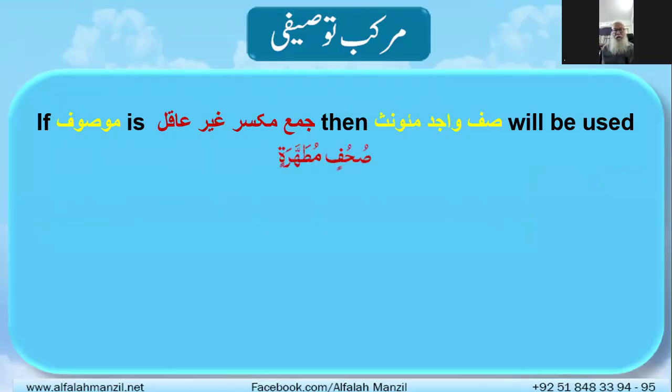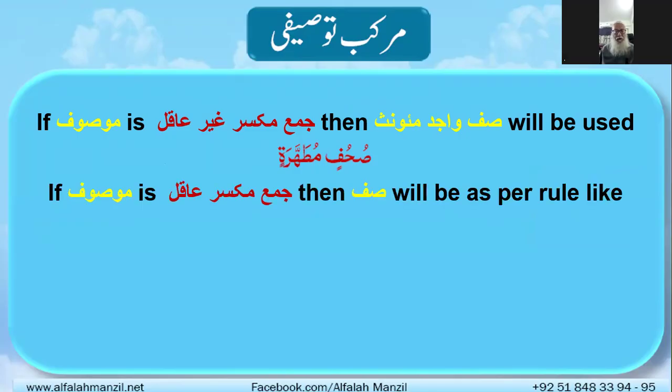If Mawsuf is Jama Mukassar Ghair Akil, then the Sifa is Wahid Muannas. If Jama Mukassar is Akil, then Sifa will be plural, just like Rijalun Mominuna, Wan Nisaun Mominatin.